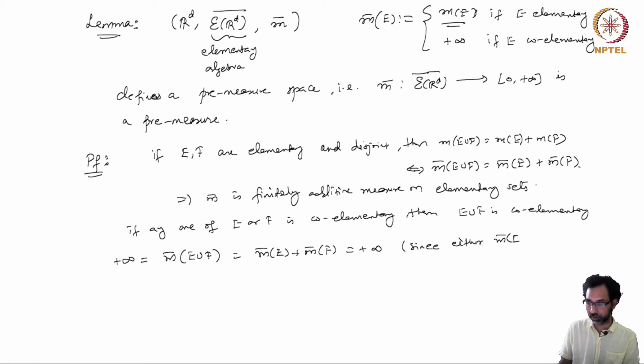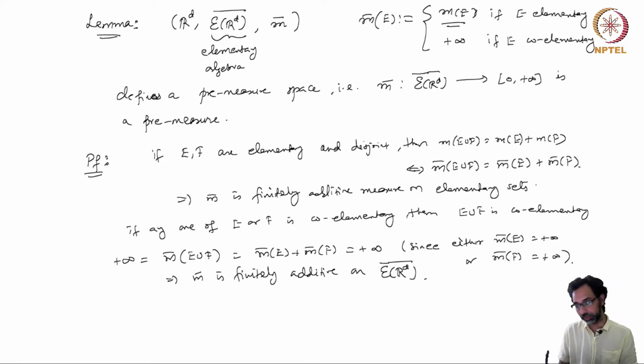So it means that m bar is finitely additive on E bar of Rd. So you have a finitely additive measure on the Boolean algebra of elementary and co-elementary sets.